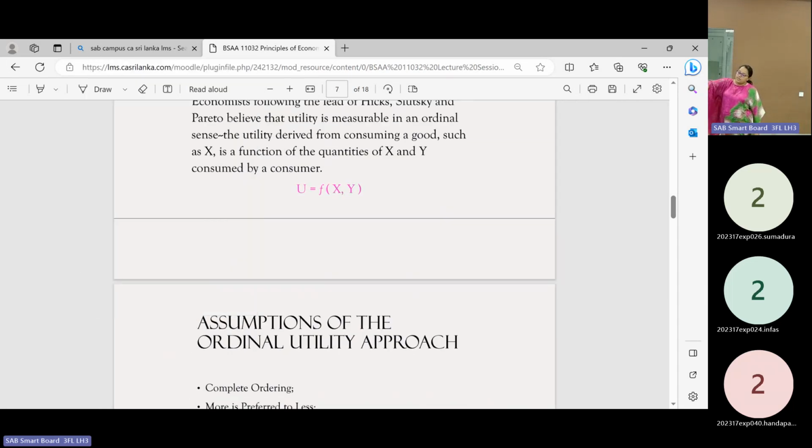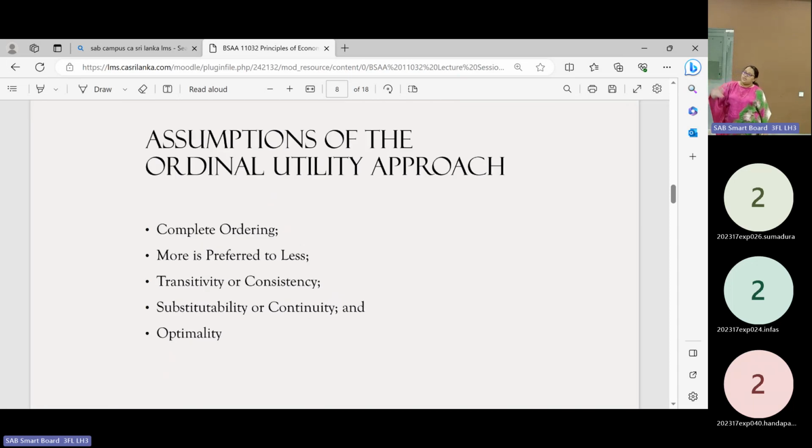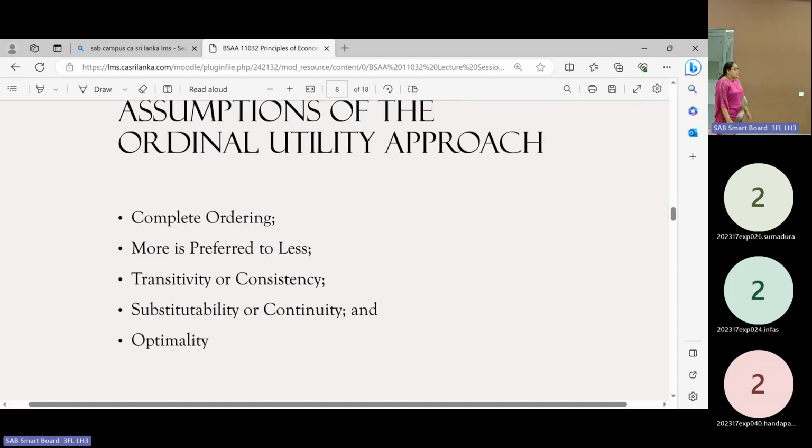There are some assumptions of ordinal utility. These are all theory. I know it's a bit boring, but there is no other way for me to teach you this. Complete ordering. That means in the ordinal utility theory, we should be able to order and say, I prefer this good over this good over this.